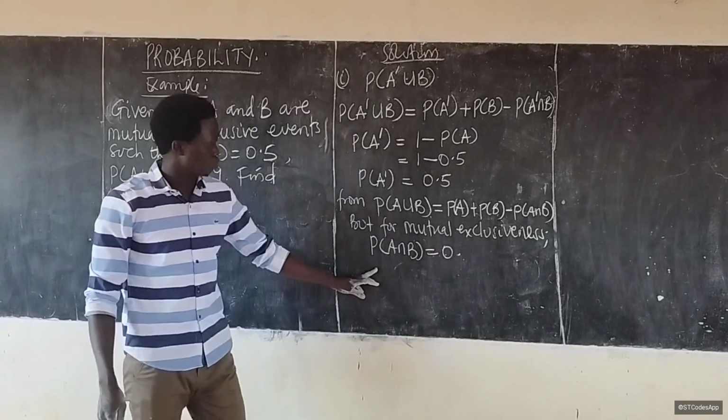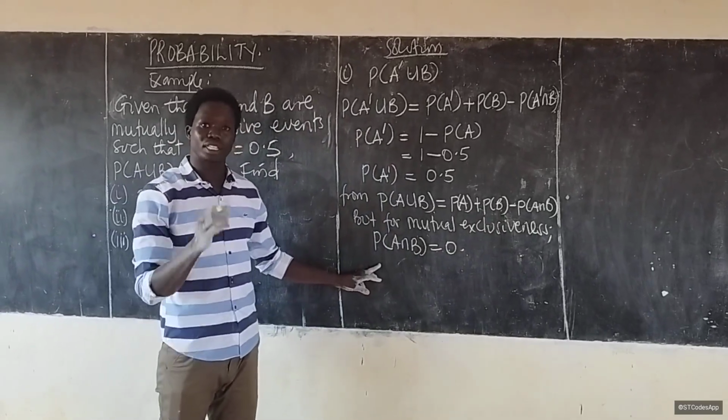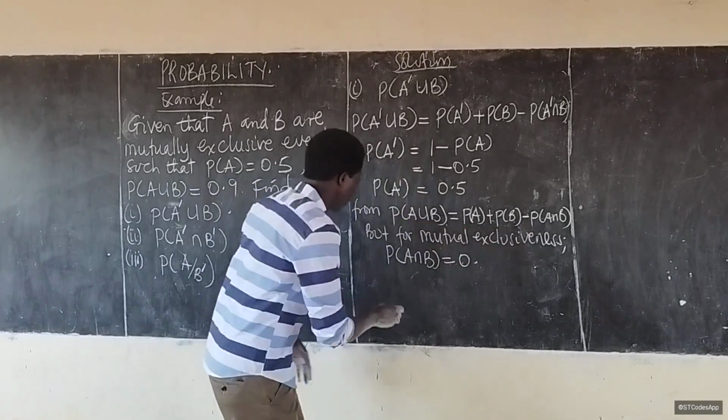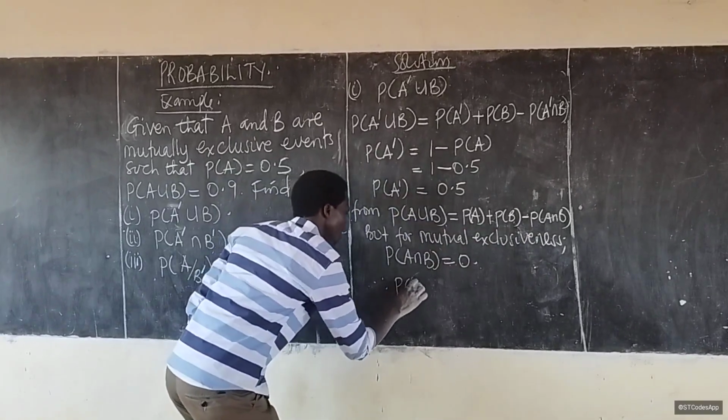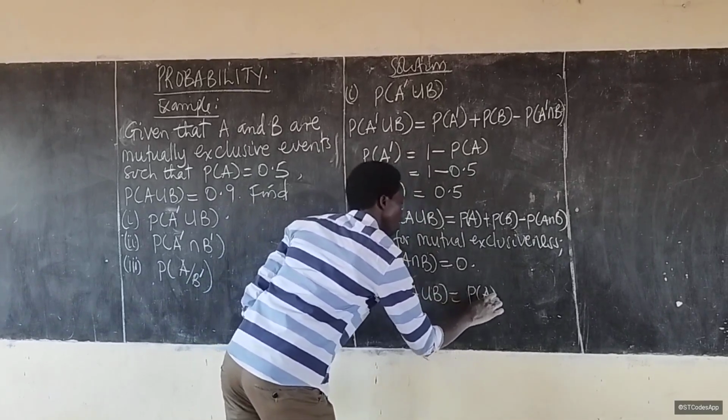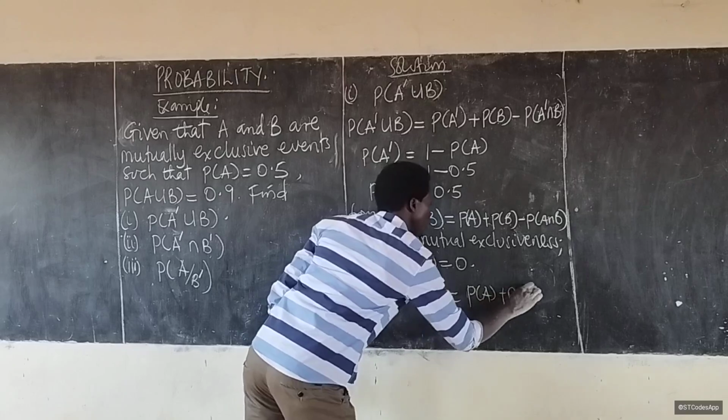For two events which are mutually exclusive, the probability of the intersection is actually 0. So therefore, the probability of A union B becomes the probability of A plus the probability of B.